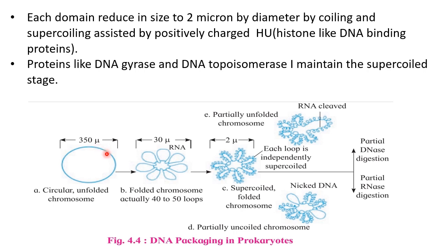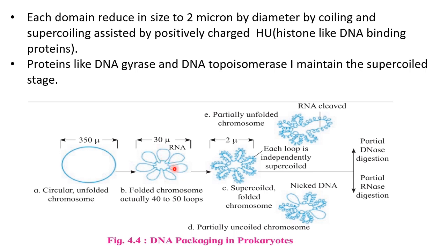Then in the next diagram, that is diagram B, this circular unfolded chromosome becomes folded and produces loops, or these are also called domains, and these loops are connected with each other with the help of RNA, and due to the folding of this chromosome, its size is reduced to up to 30 micron.